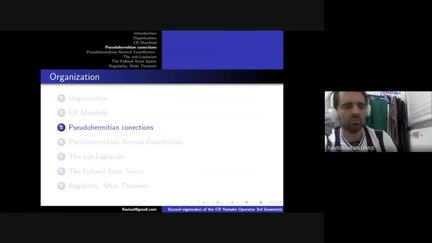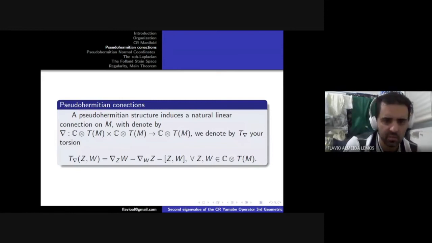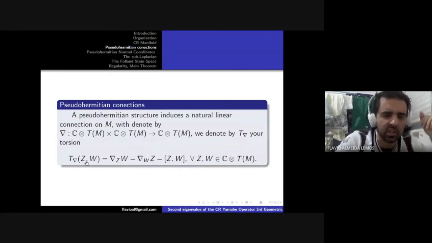We introduce the pseudo-Hermitian connection. Our pseudo-Hermitian structure induces a natural linear connection on M, denoted this way. This connection is different from the Levi-Civita connection.